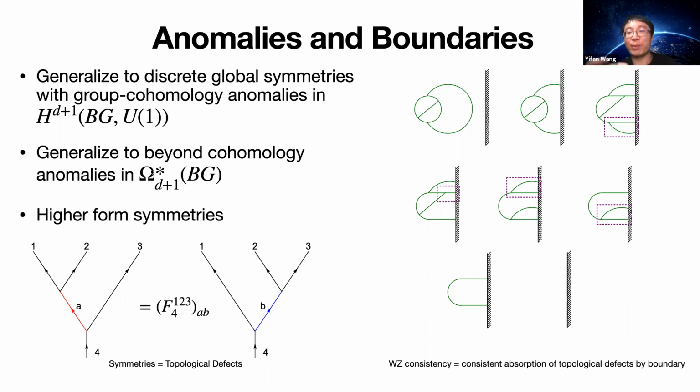For example, if two manifolds are related by some large diffeomorphism, and if the partition function differs, that means that there's a gravitational anomaly. And if you decorate this partition function on top of this non-trivial geometry also with background gauge fields for discrete symmetries, the difference between the partition functions will tell you about mixed gravitational and global symmetry anomalies.